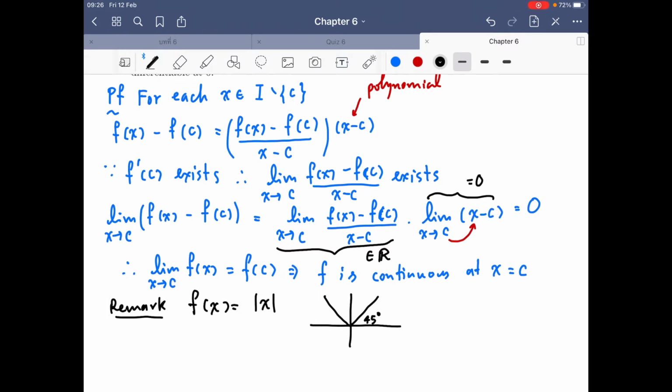Over here you get an angle, and at this angle, that will make your derivative not exist.